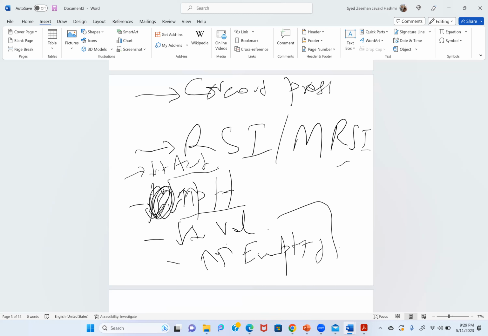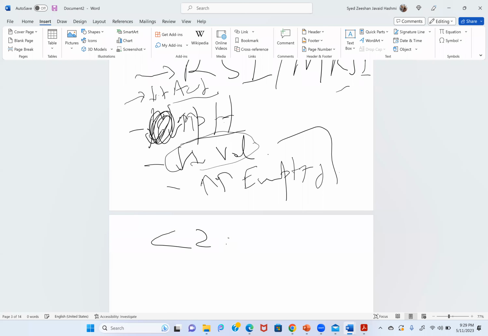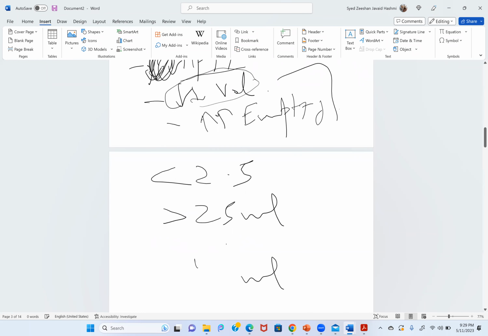So I don't know, but in the exam you have to tell that we have to weigh the risk versus benefit, because when you are giving this, you are increasing the volume. There is a concept of pH less than 2.5 and volume more than 25 ml, or 0.25 ml per kg.